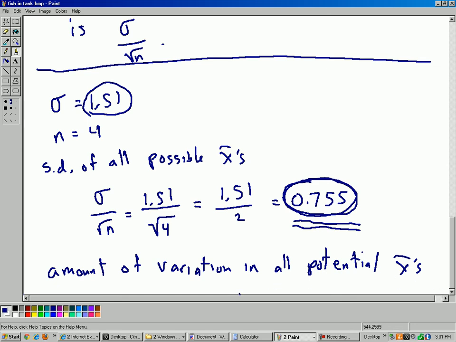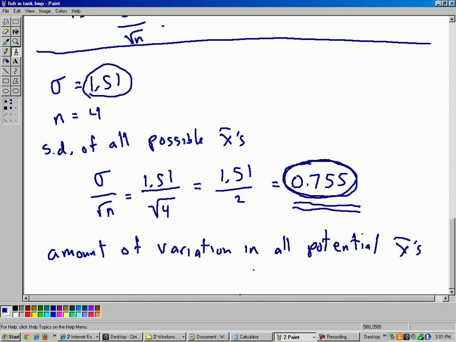You're hoping for small standard deviations here because if you have a large standard deviation, then you've got a whole lot of variation among your x bars, and your x bar is not going to be a very reliable estimate.